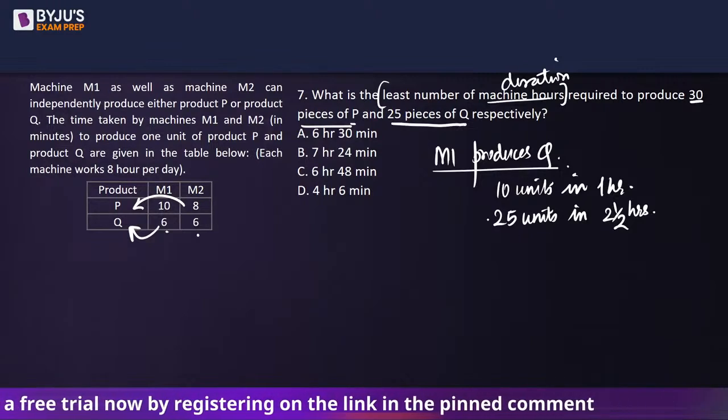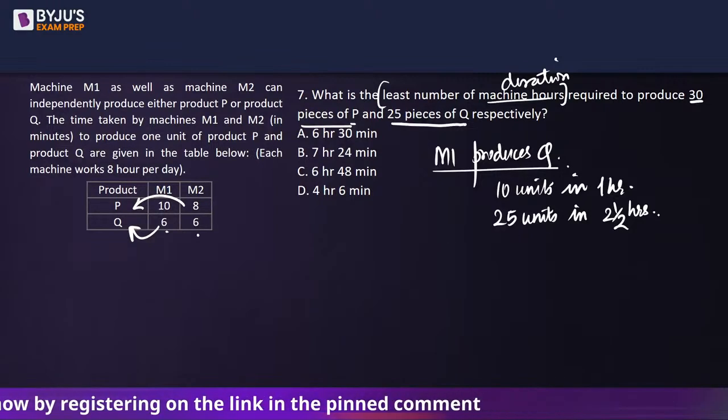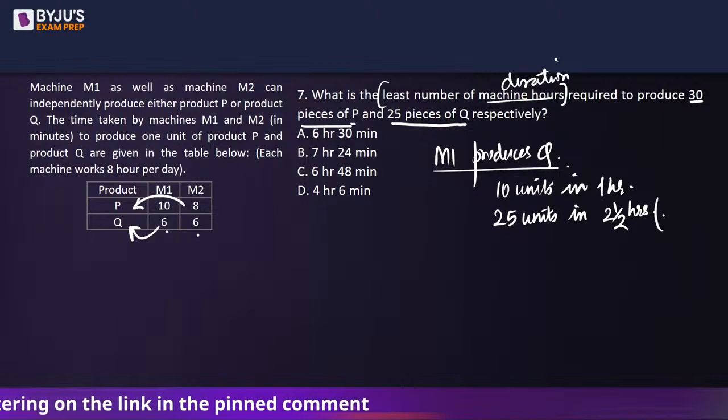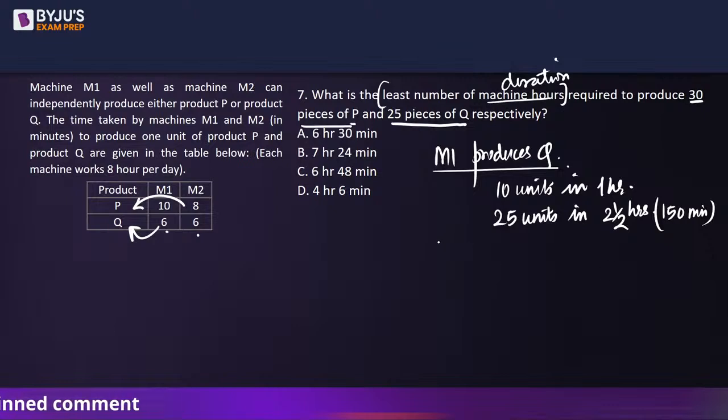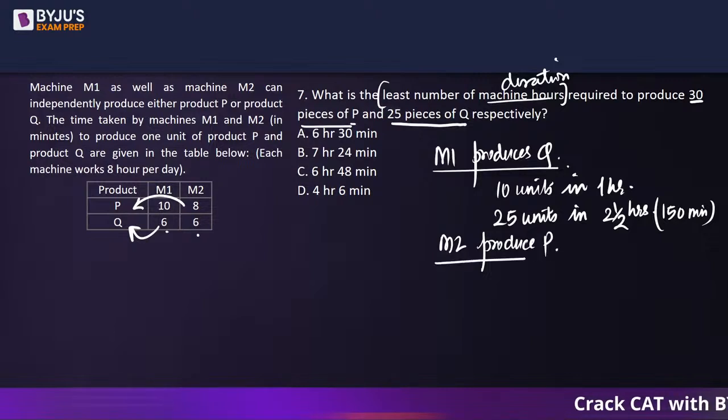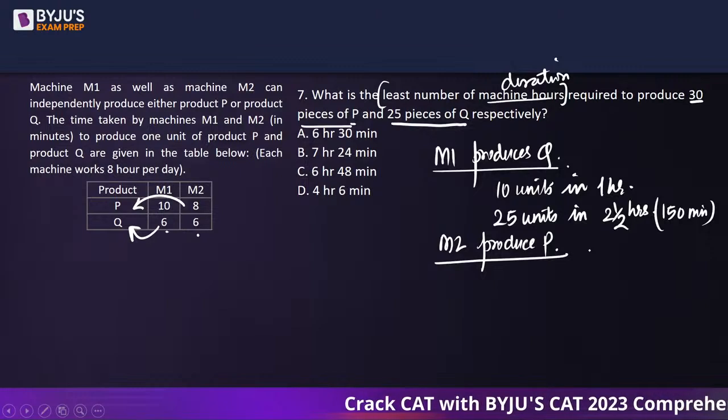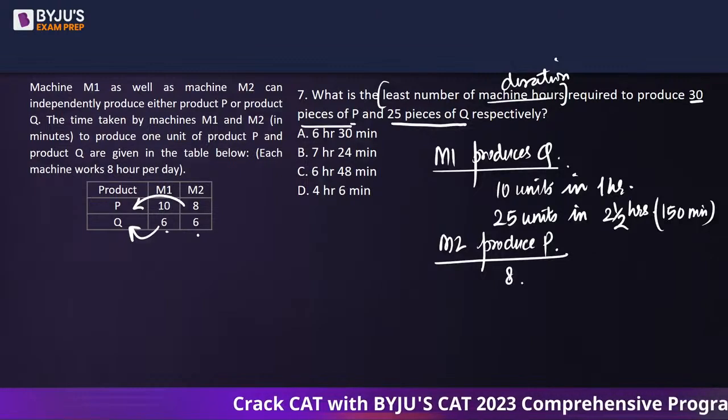Okay? 2.5 hours is nothing but 150 minutes. Now, in the meantime, M2 will start producing P. We will not leave M2 idle for these 2.5 hours. It should produce P.